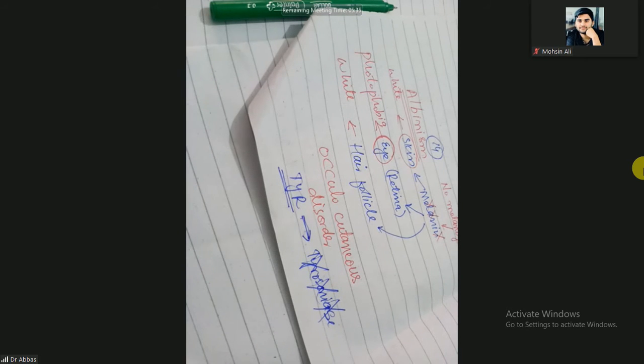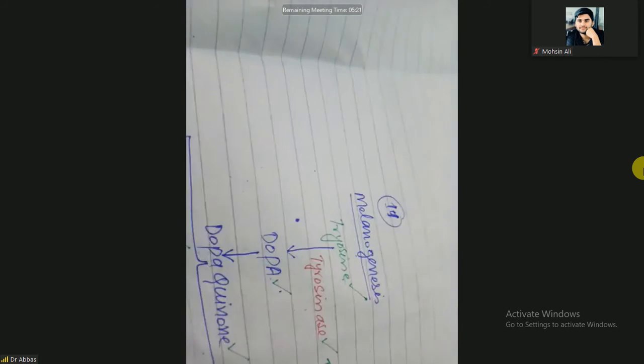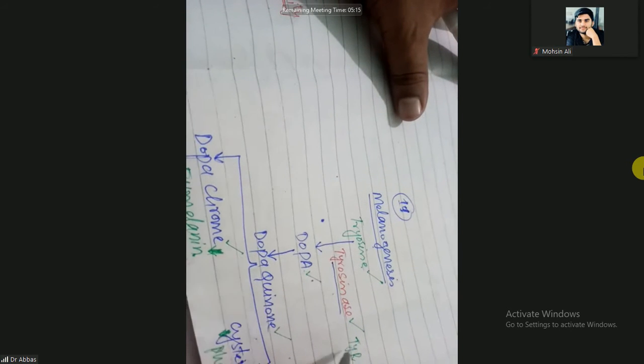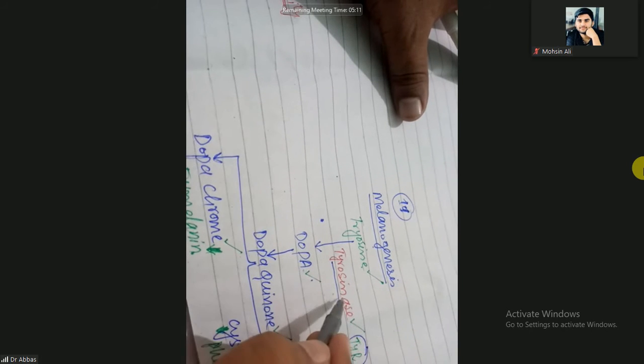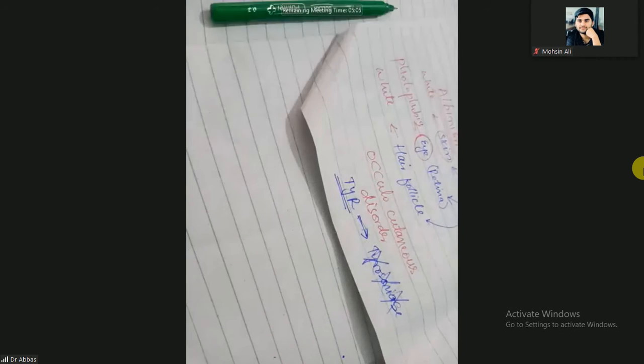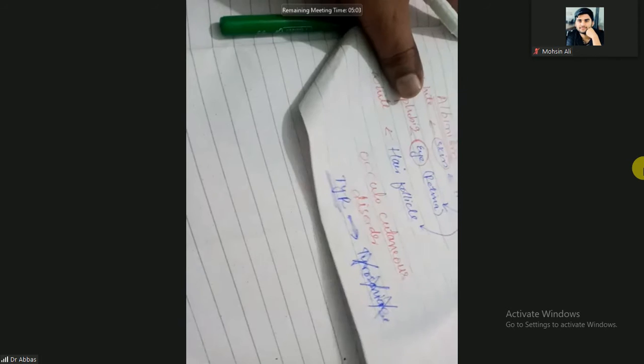So the TYR genes are defective, and definitely there will be no synthesis of eumelanin or pheomelanin. So if these TYR genes are not expressed, there is no tyrosinase, tyrosine will not convert into dopa, and no melanogenesis. So this is albinism.